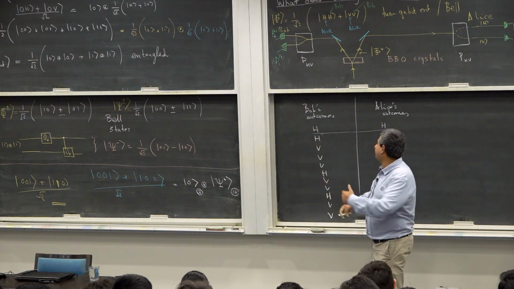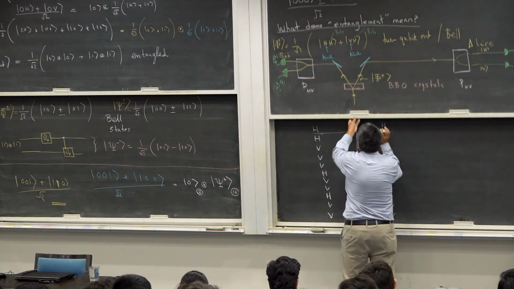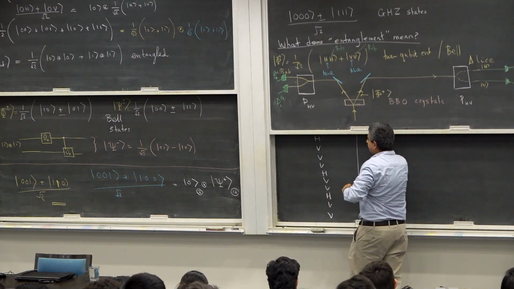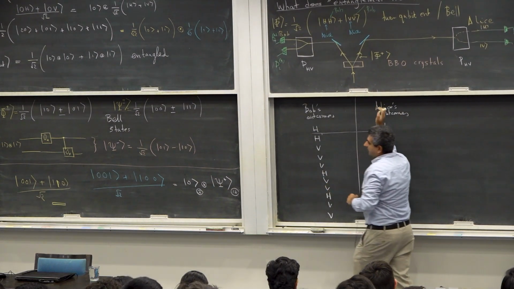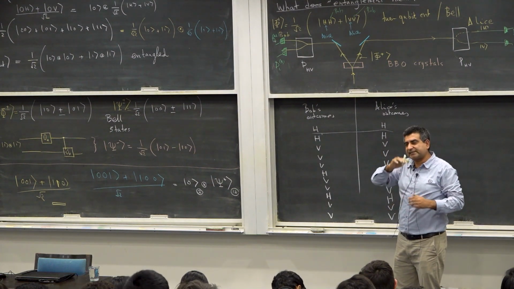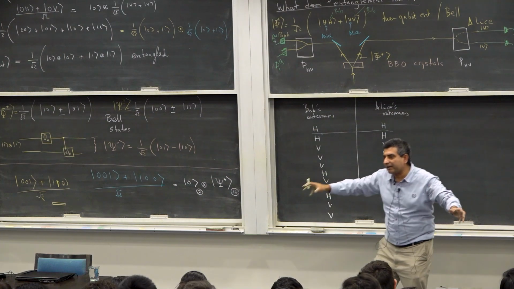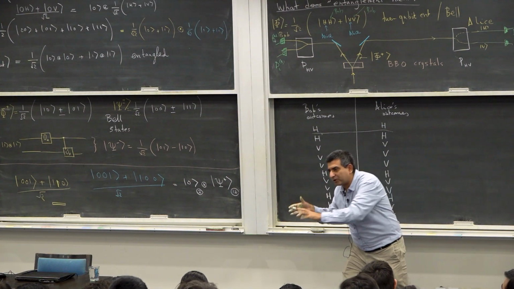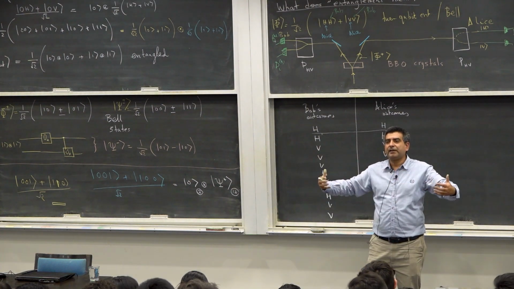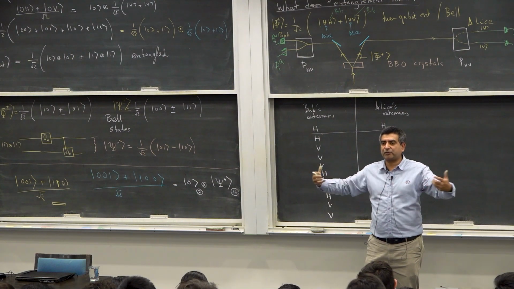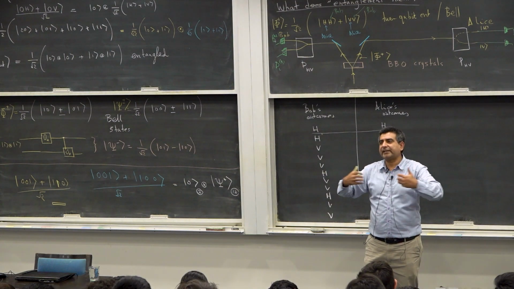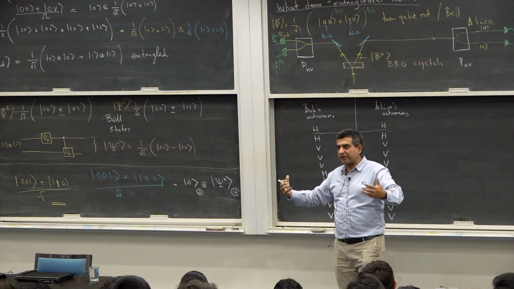Anti-correlation I say because if this entangled state were HV plus VH, it would be perfect anti-correlation, but some kind of perfect correlation or anti-correlation exists. So two random objects, each one of them is random, but when we look at them as a whole, there's perfect correlation.